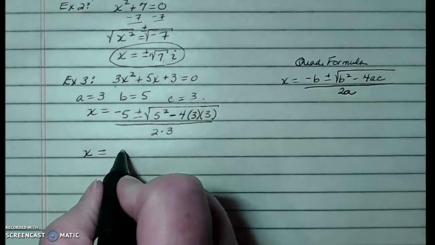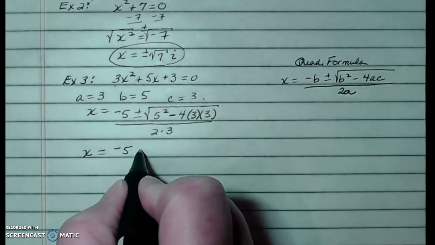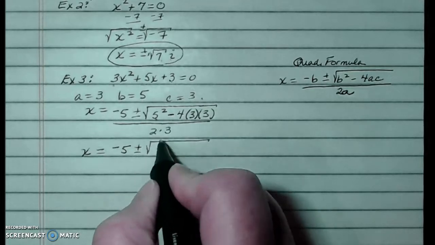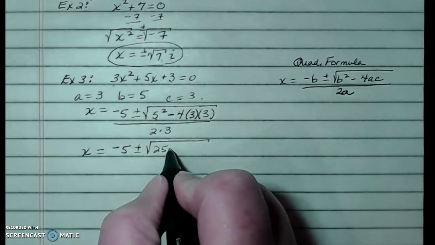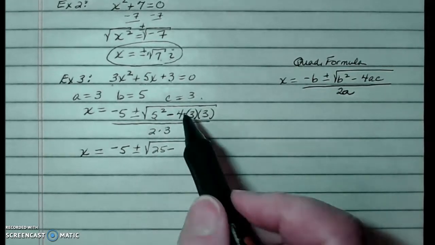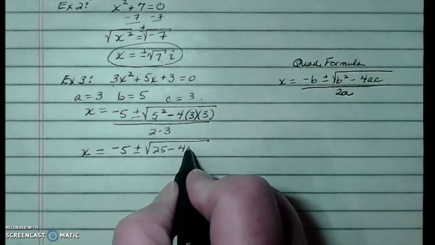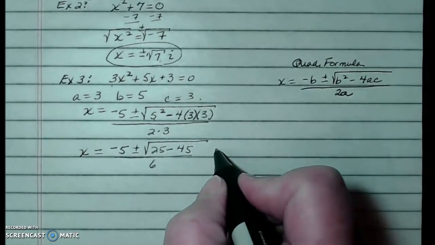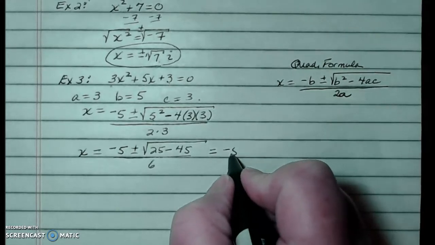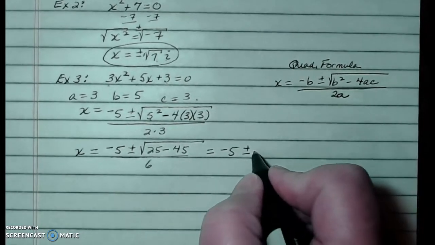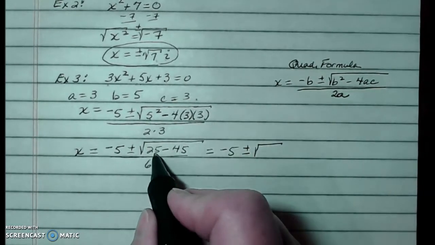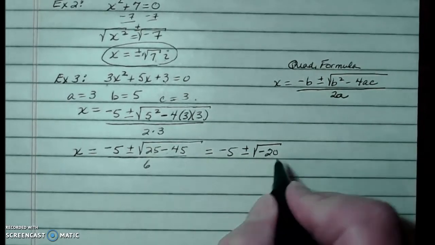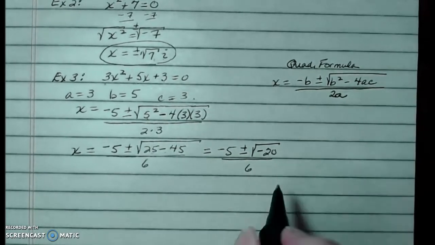Now, trying to simplify this, I have the opposite of 5 plus or minus the square root of 25 minus, looks like 45, all over 6. Further simplifying, the opposite of 5 plus or minus the square root of 25 minus 45, which is negative 20, all over 6.